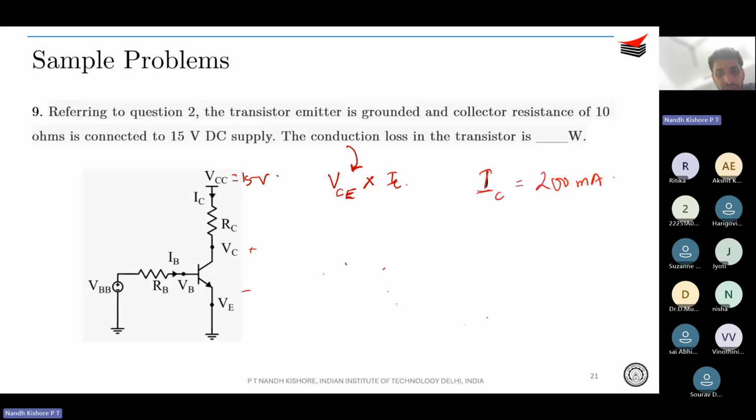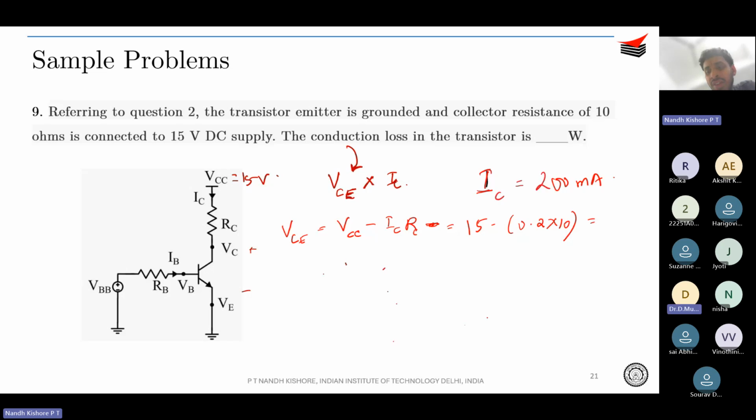So you apply KVL over here to find out VCE. VCE is going to be VCC minus ICRC, that's going to be 15 minus 0.2 into RC is 10 ohms, right?